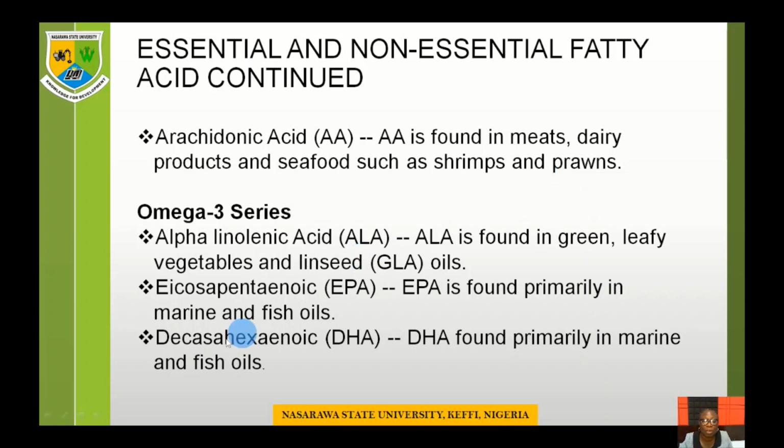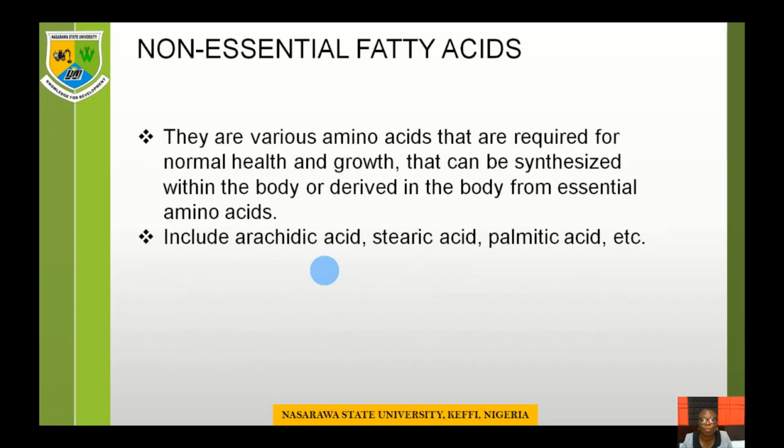Also, these are the omega-3 series. The alpha linolenic acid, all these are the omega-3 series, which we have seen the other time. The non-essential fatty acids, they are required for normal health and growth, but they can be synthesized within the body or derived in the body from essential fatty acids, so they are not that needed in the diet.